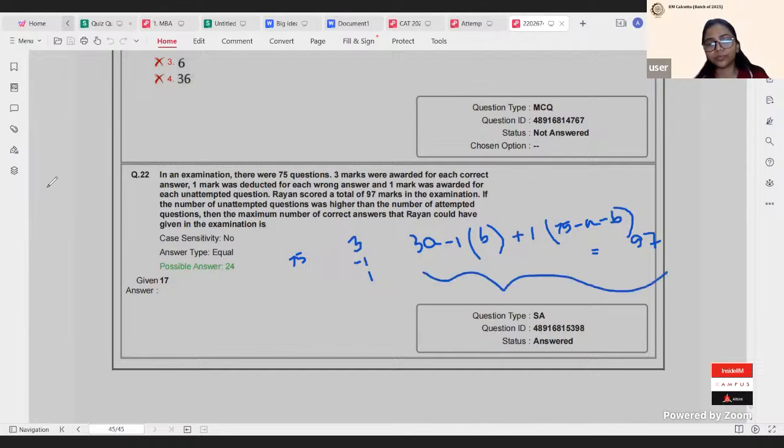So here, what we can do is that we'll basically generate one equation in terms of a and b, and we can put dummy values for each of a and b and search for the highest value, putting integer values for a and b. And so essentially this will come around to be 2a minus 2b plus 75, right? So this is essentially 22. a minus b is 11.